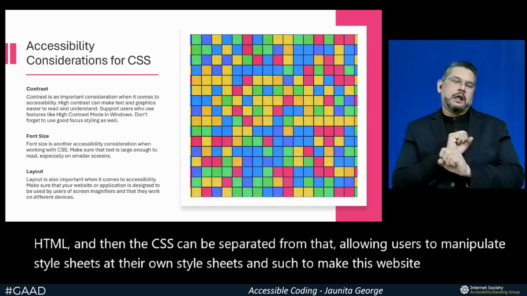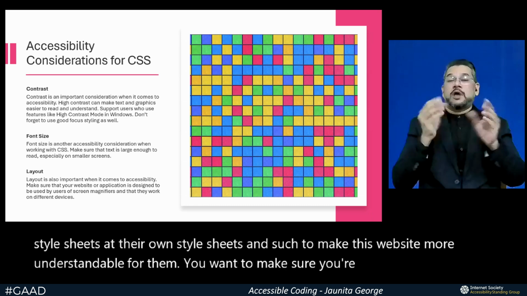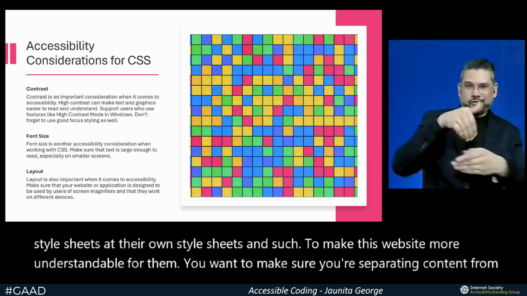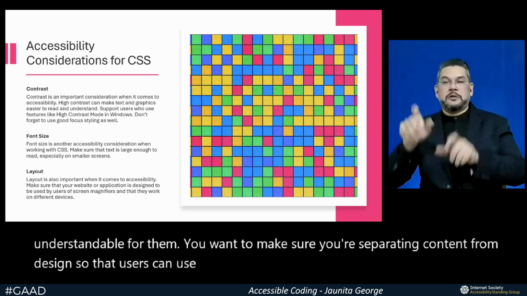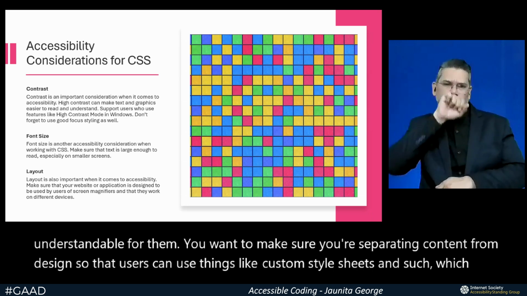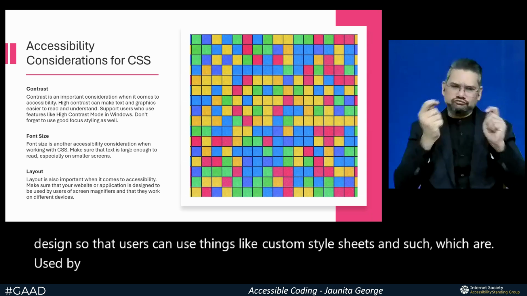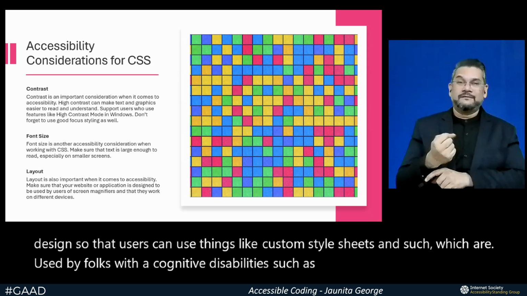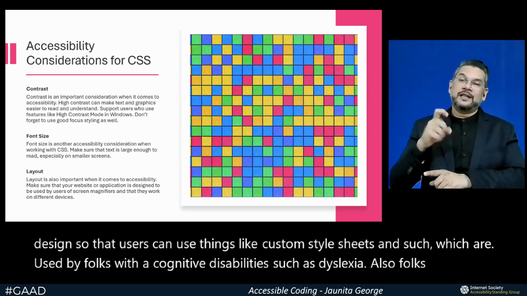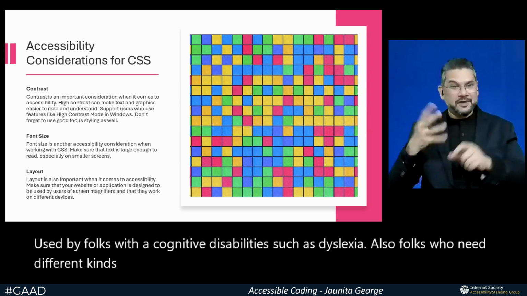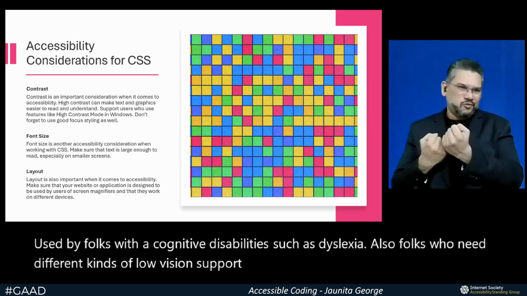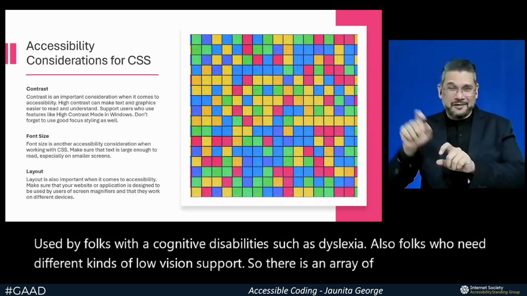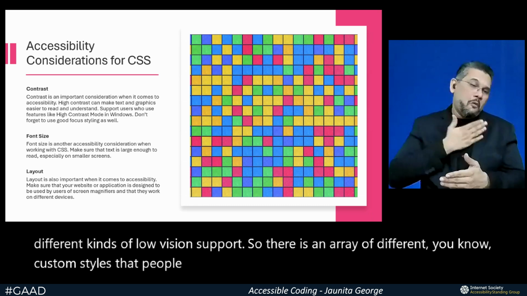You want to make sure you're separating content from design so that users can use things like custom style sheets, which are used by folks with cognitive disabilities such as dyslexia, also folks who need different kinds of low vision support. So there is an array of different custom styles that people might be using on your page.